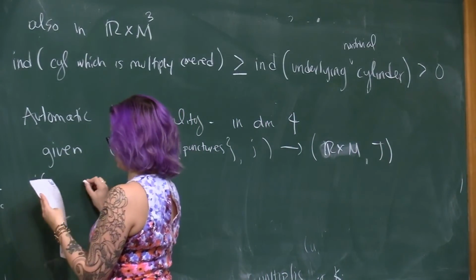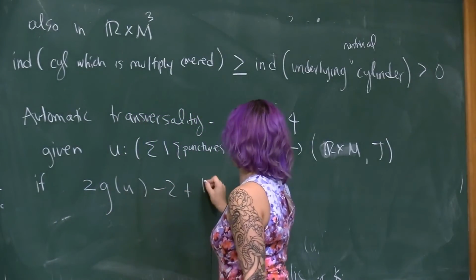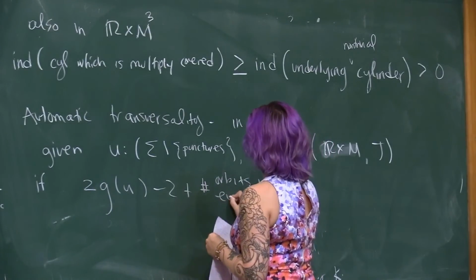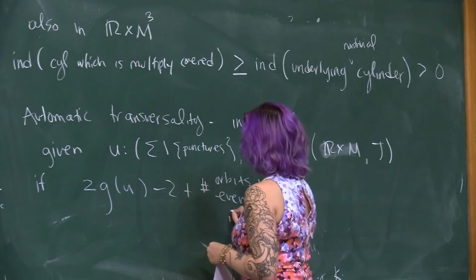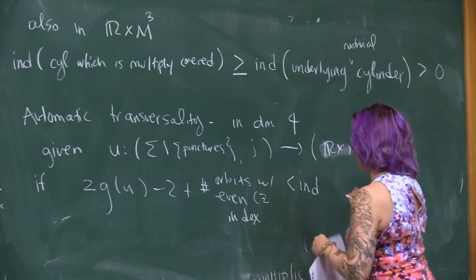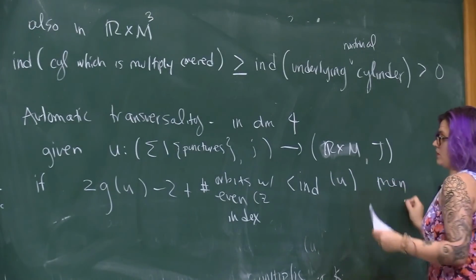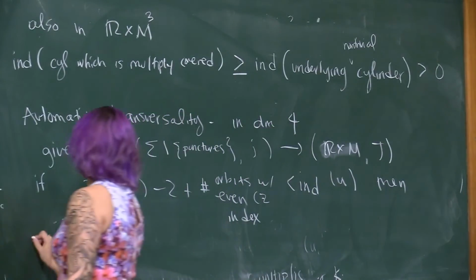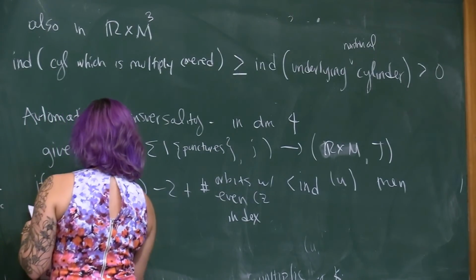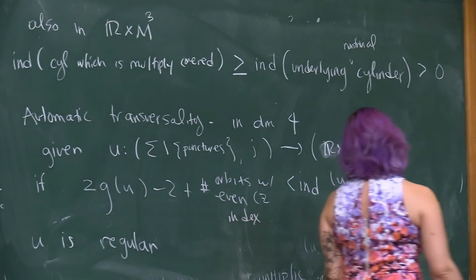If twice the genus of u minus 2 plus the number of orbits with even Conley-Zander index is less than the Fredholm index of u, then u is regular, meaning that the moduli space is going to be cut out transversely.